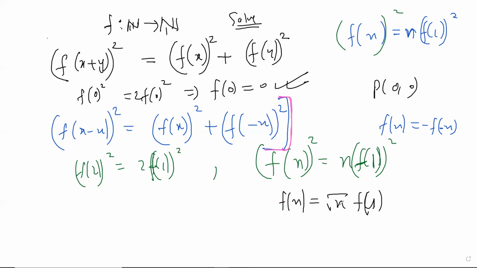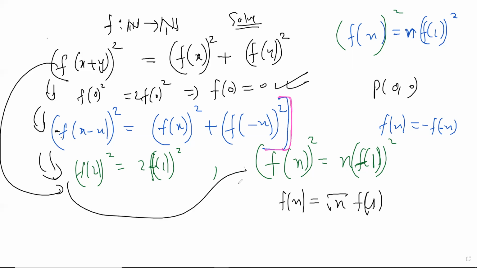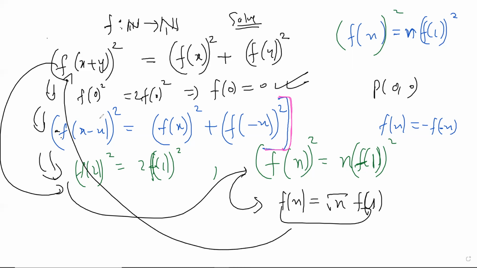But here is the thing: all our steps go from top to down. The top one implies this one, and this implies this, but nobody told us that this must also imply that, and we have to check that.